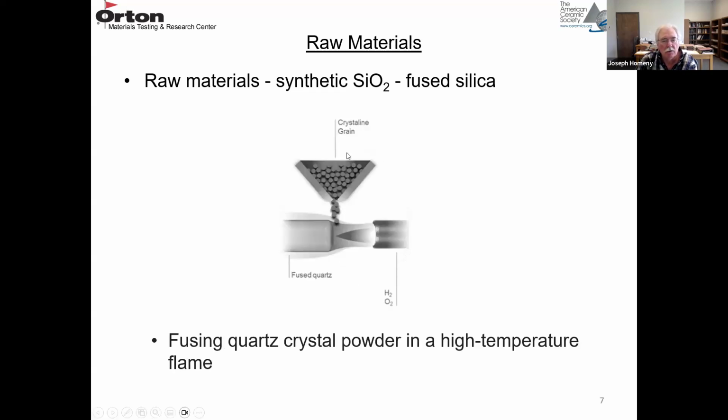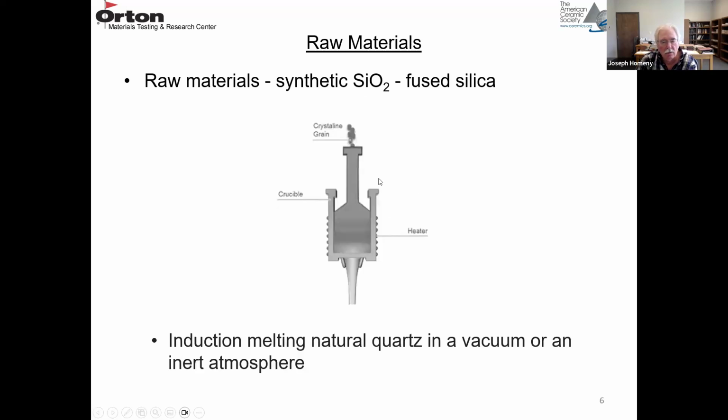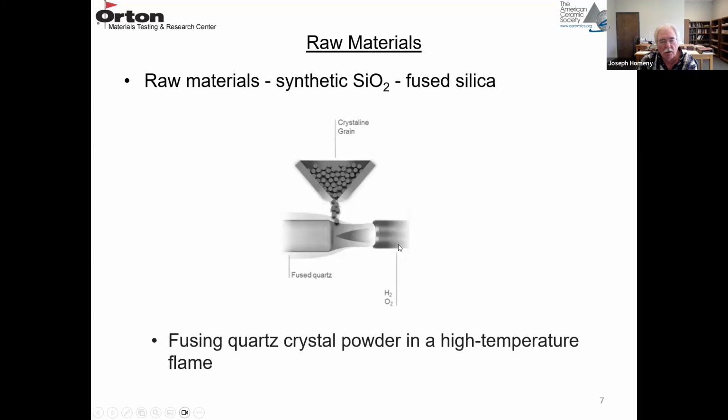You can also drop a powder into a high temperature flame, and that produces a silica glass also. So simply melting in a crucible or melting in a high temperature flame, you make a silica glass.